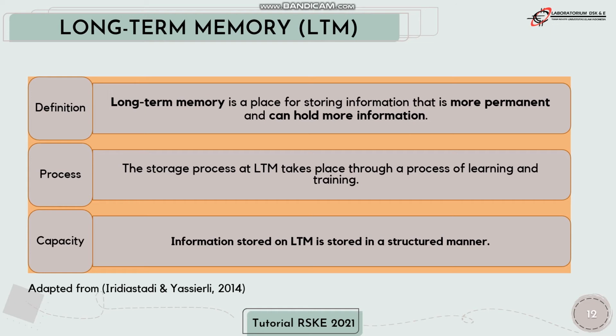Any information stored in long-term memory will be arranged in such a way that it has a broader meaning and has a relationship between one piece of information and another. An example of structured information is the storage of information related to name, place, and date of birth. Why?